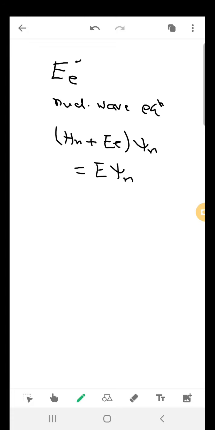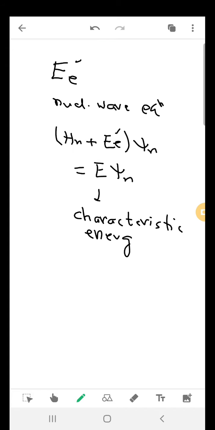So let's put this as S dash because it is an operator now. So these energies E are the characteristic energies for the whole molecule.